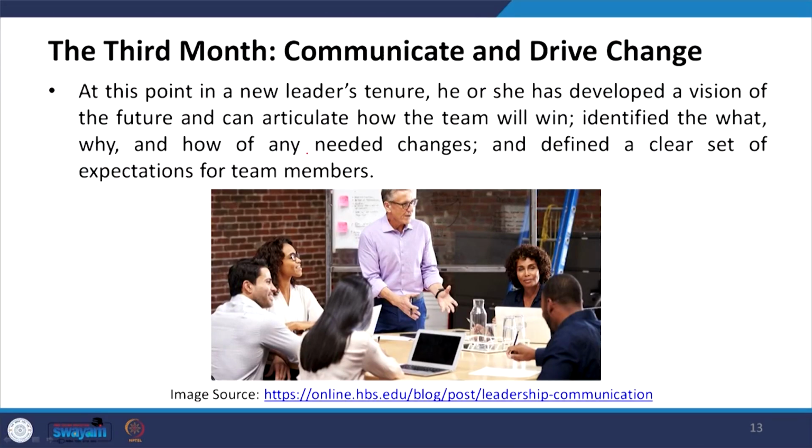This communication and driving of change which he has to perform at this point means he has developed a vision of the future, and can articulate how the team will win. Therefore he can identify the what, why and how of any needed changes, and define a clear set of expectations for the team members.